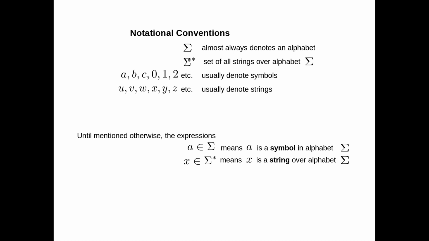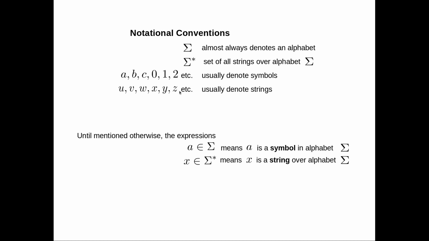And usually we use A, B, C, D, E, F, this sort of English letters, or 0, 1, 2, as symbols. Okay, and we use the last few English letters, U, V, W, X, Y, Z, to denote strings.